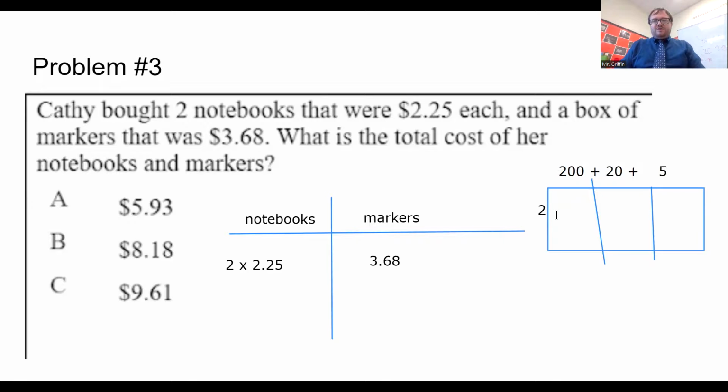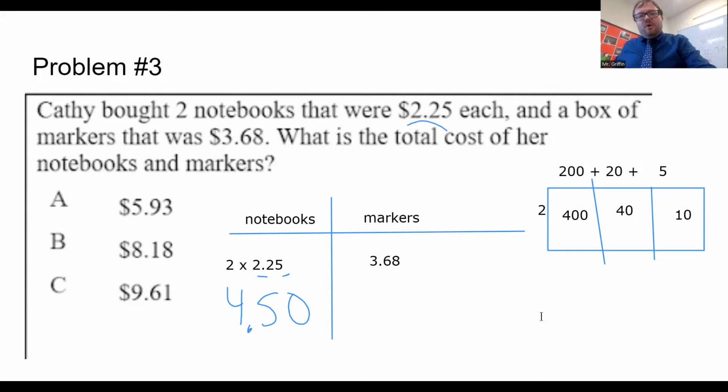And then I know that 2 times 200 is 400. 2 times 20 is 40. 5 times 2 is 10. And then I just add those 3 numbers together and I get 450. And then I see that I have 1 place, 2 places with my decimals. So my total for the notebooks is $4.50.